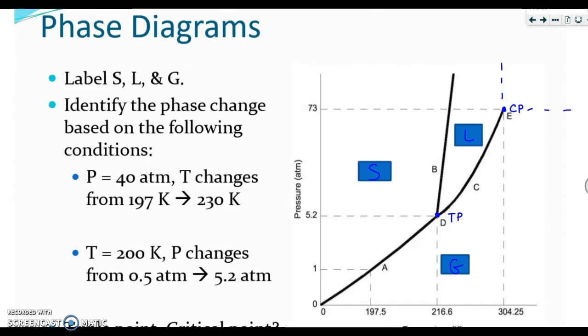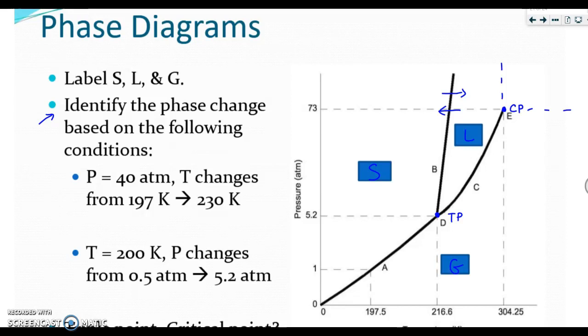In addition, you should be able to answer questions similar to the ones that I have here. They want you to identify the phase change. Your phase changes exist as you go across the lines on the phase diagram. If we do this first problem, it says pressure is going to be about 40, somewhere between 5.2 and 73.